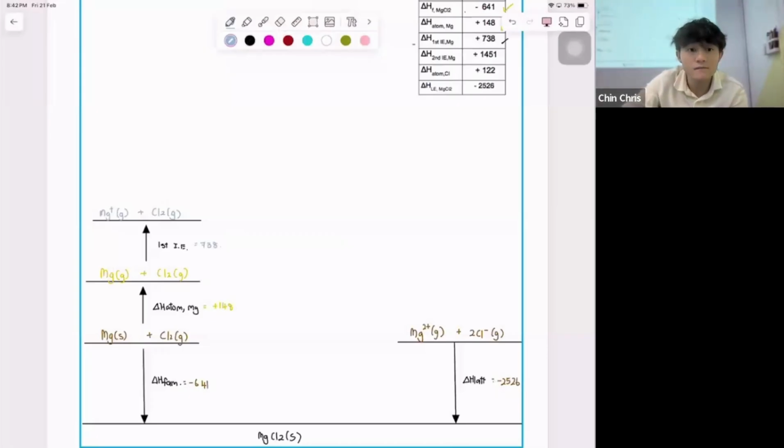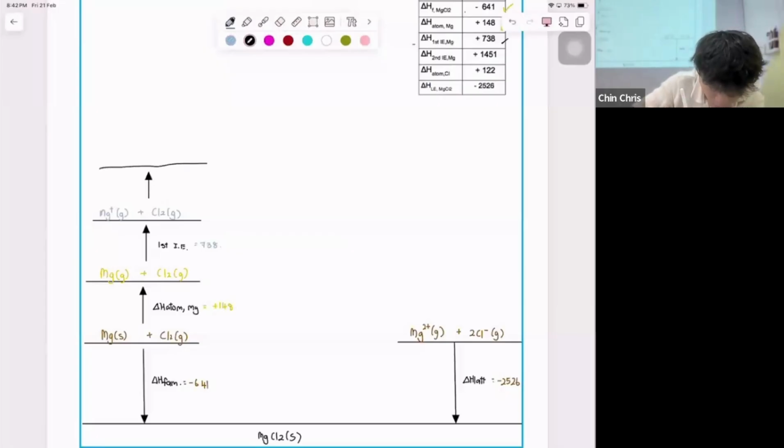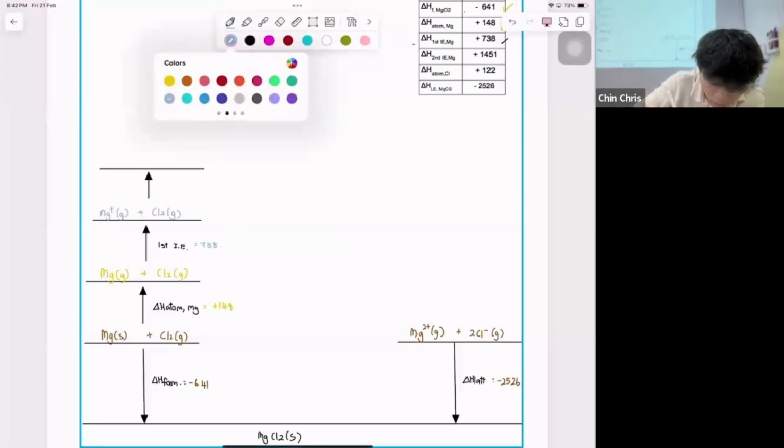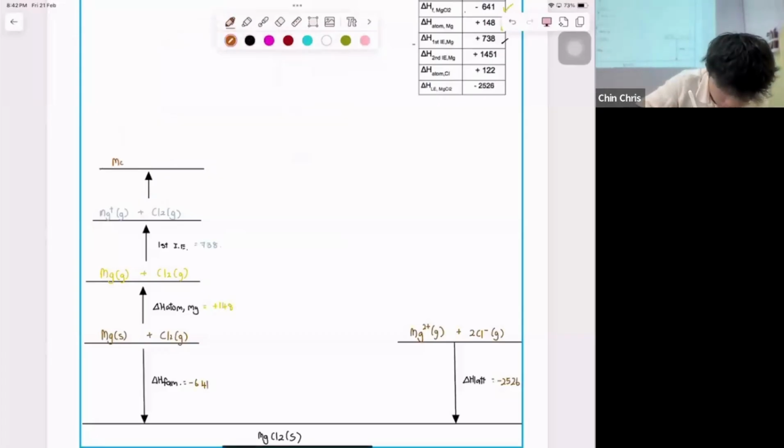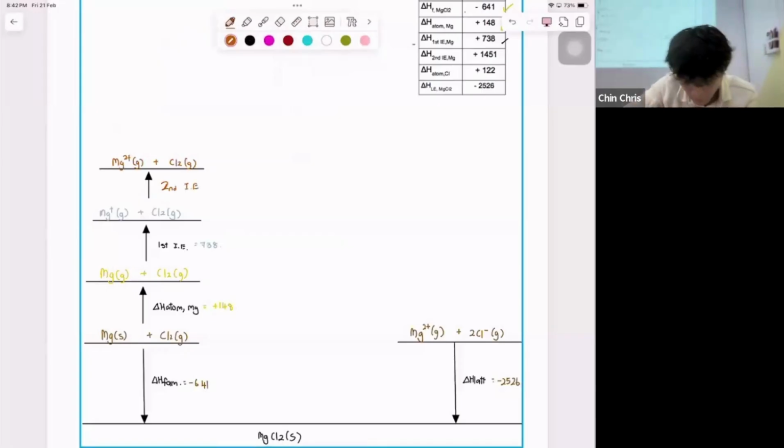Next, what else? Mg plus turns into Mg2 plus. Well done. My second IE is 1451. Done.